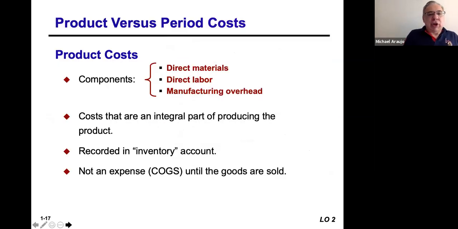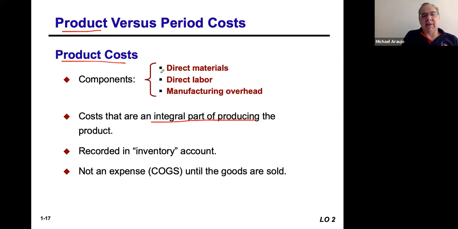Okay, so the three first terms that you had to learn: manufacturing costs, that are direct materials, direct labor, and manufacturing overhead. The next thing you have to know about is something called product costs, okay? So these are all costs that are an integral part of producing a product, okay.